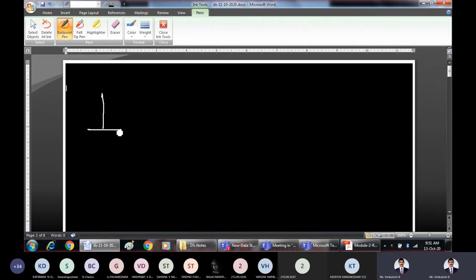Say for example, this is your pole A, pole B, and pole C. Suppose three disks are given to you. What you are supposed to do is move all these disks from A to C. But at any given point of time, you are allowed to pick only the topmost disk.